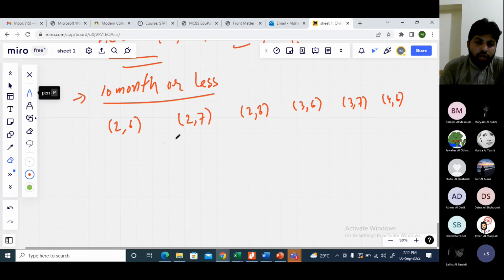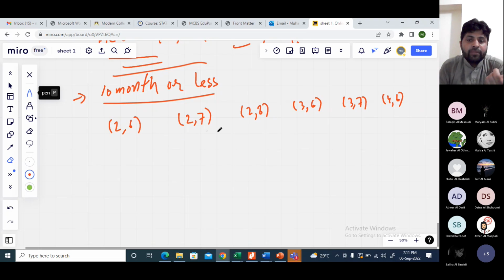In any event, multiple sample points can be involved.